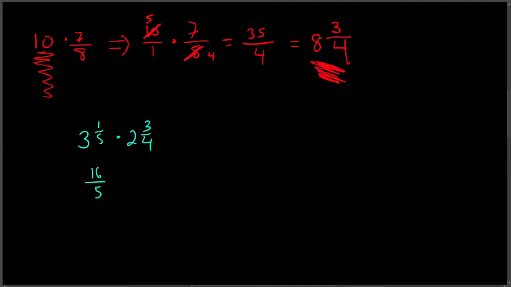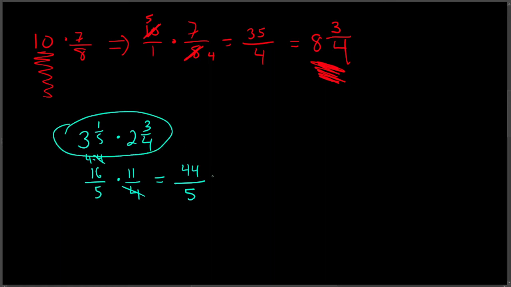And 4 times 2 plus 3 is 11/4. Well, 16 is 4 times 4, so one of these will cancel. And so I get 4 times 11, or 44/5. Again, I started with mixed numbers, so it's best to report mixed numbers. So 5 divides into 44 8 times with a remainder of 4. So take the remainder and write it over the original denominator.